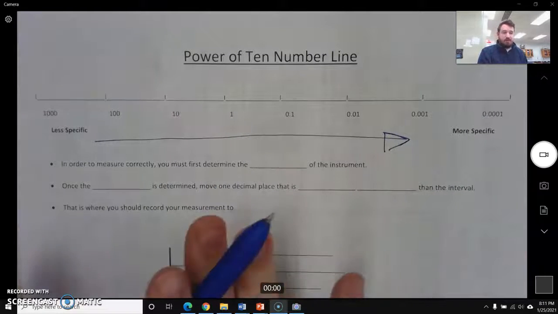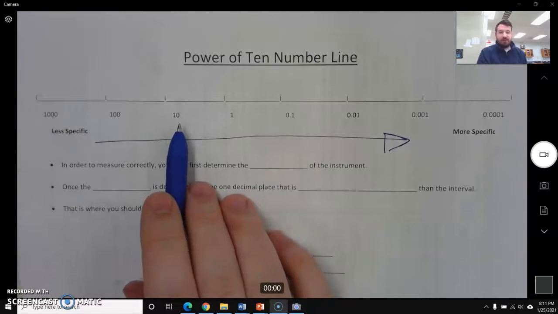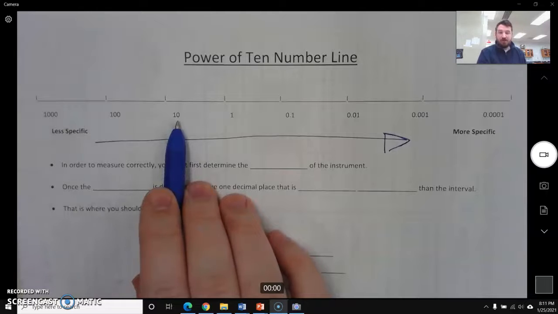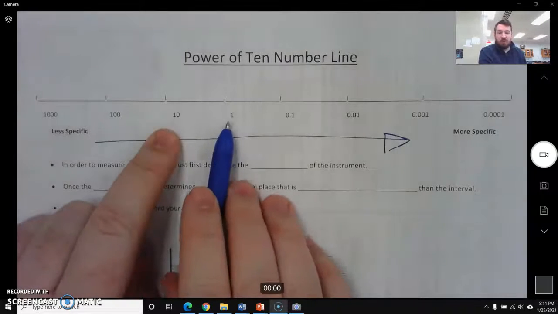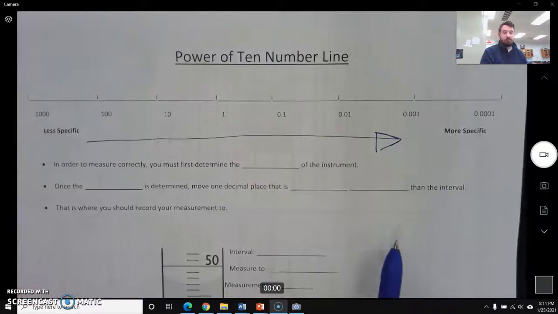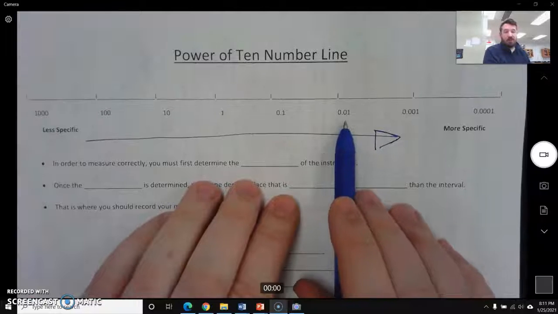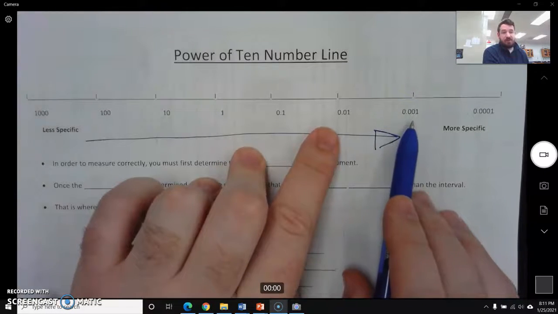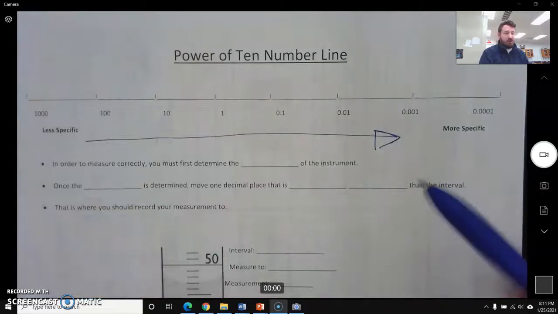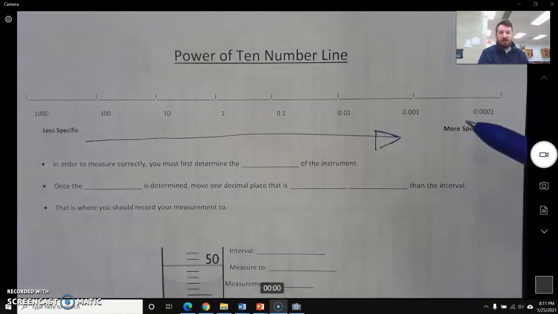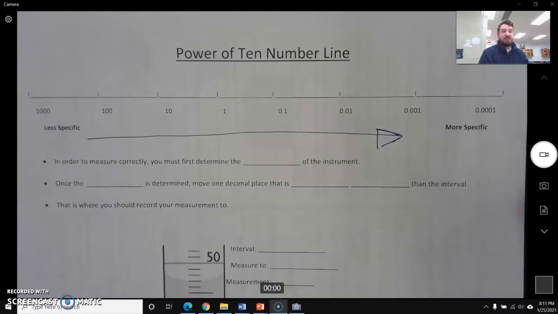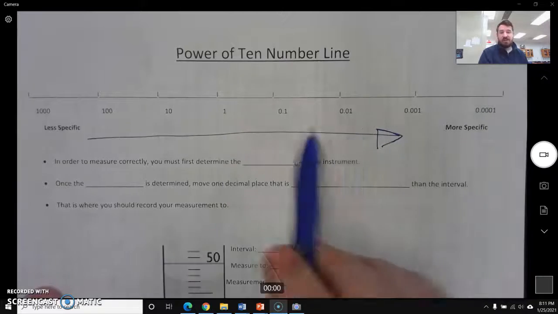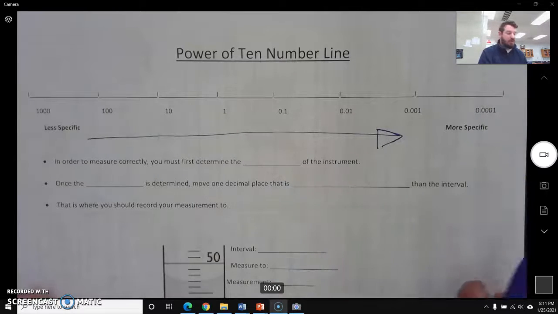So every time you are estimating, let's say your interval is 10 centimeters, you must be estimating to the ones place. If your interval is 0.01 centimeters, your measurement must be estimated to the thousandths place. So you can always come back to this number line if you need to figure out how many decimal places or digits you should have in your measurement.